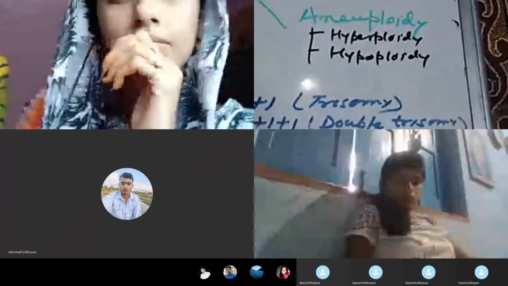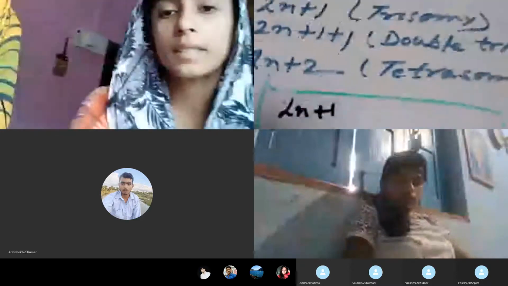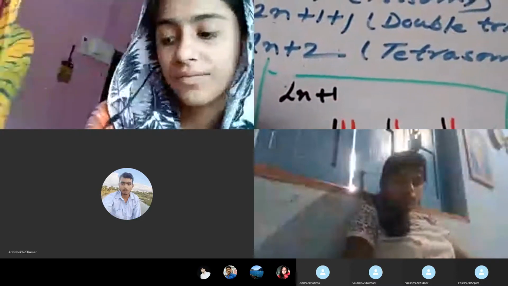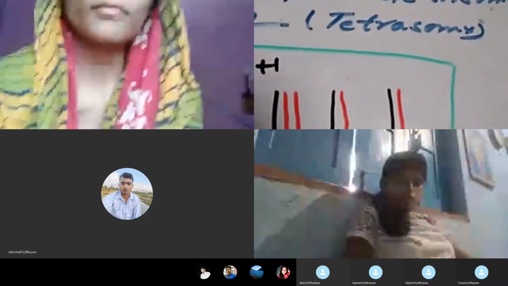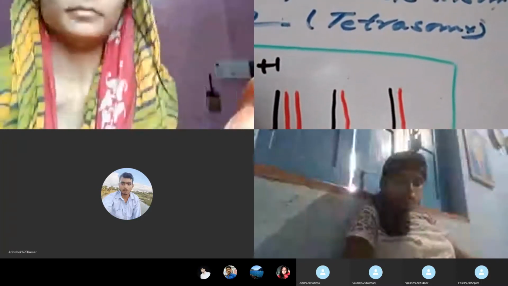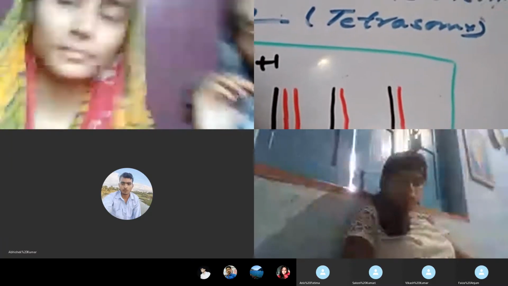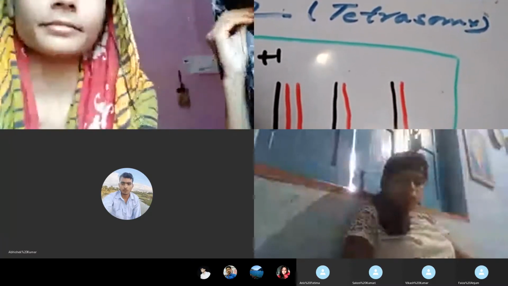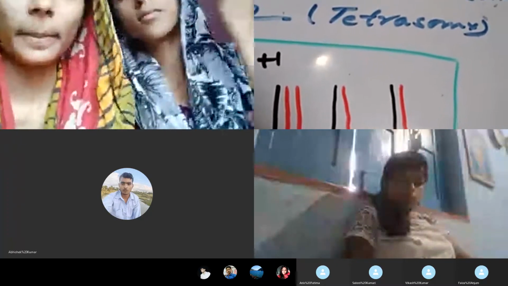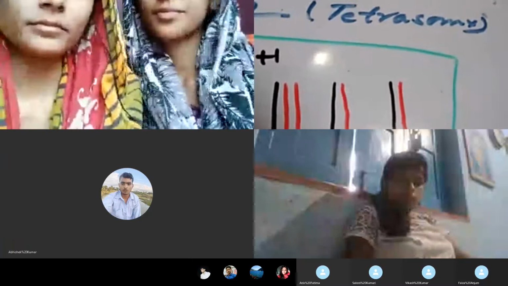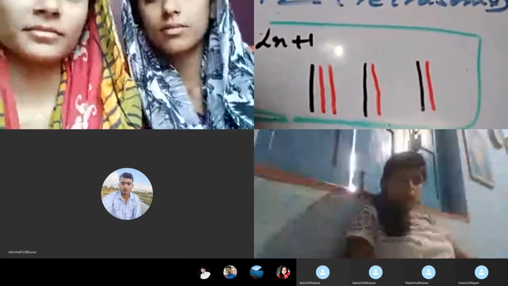In case of 2n plus 1 plus 1, double trisomy, what happens in this case? In the first pair of the chromosome, there is presence of an additional chromosome. In the second pair of the chromosome, there is another additional chromosome. Therefore, the first and second pairs are having one additional maternal chromosome, red line, and this is 2n plus 1 plus 1. This is the double trisomy. What happens in 2n plus 2?